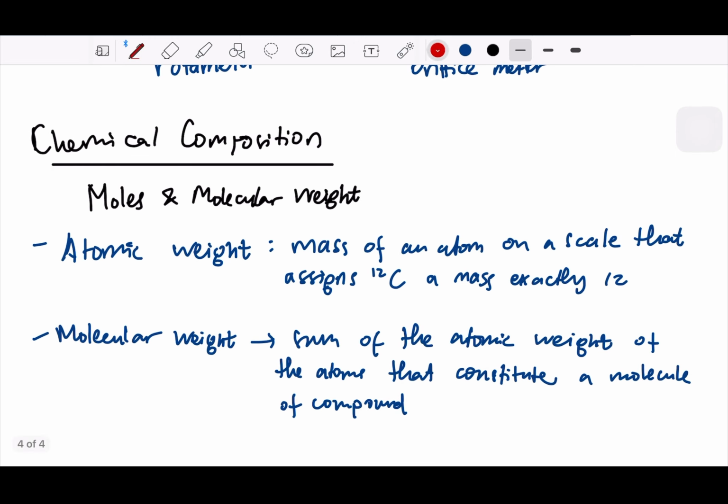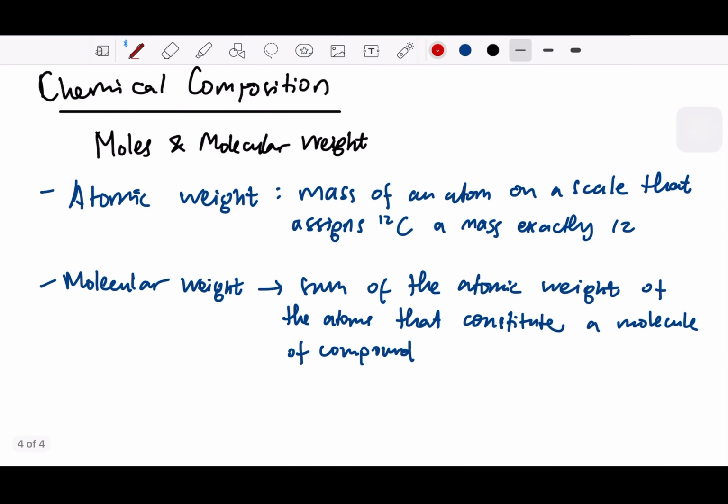I think even without the exact definition, you already know that if you have oxygen, which means that this has 2 oxygen atoms, and that's why it's 2 times 16, it's 32, right? Okay. So I think it doesn't really need much explanation.